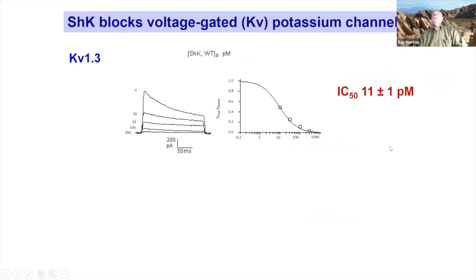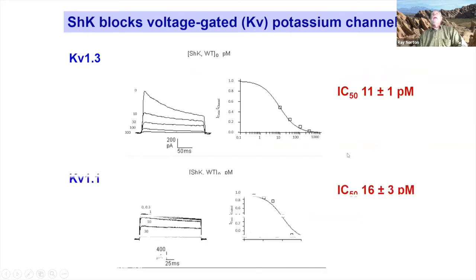As you can see on this slide, the IC50 for Kv1.3, these are all mammalian channels, is 11 picomolar, which is fantastic that it's so potent. As it comes out of the sea anemone, however, it's also able to block Kv1.1.